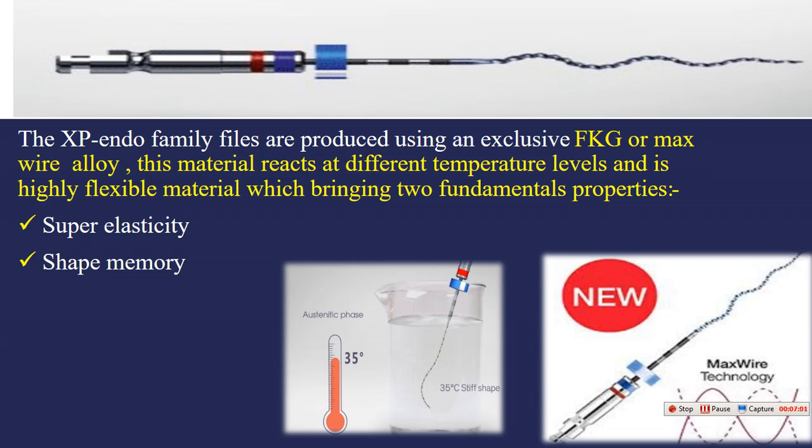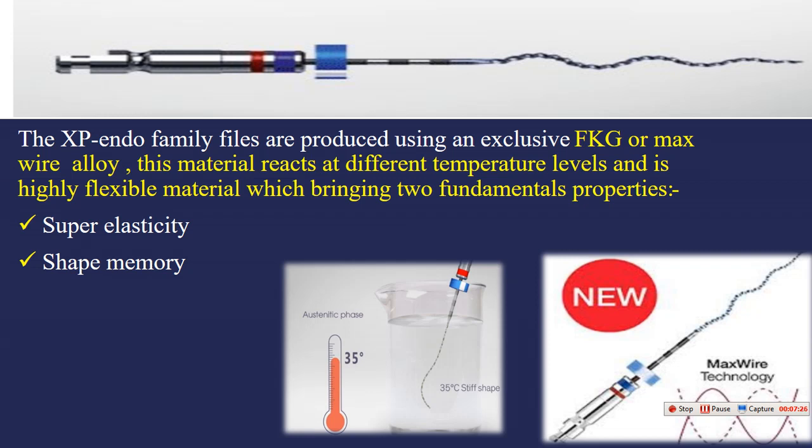In these FKG alloy or XP Endo family instruments, the nickel titanium component is reduced to about 52. This 52 nickel titanium component makes the instrument more flexible than other instruments, with super elasticity. The second property of this instrument is shape memory, meaning it retains its original shape.